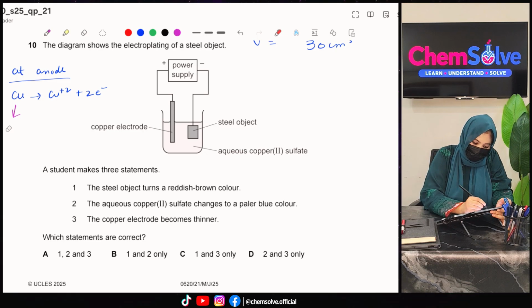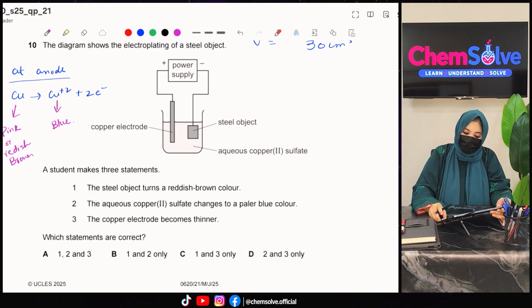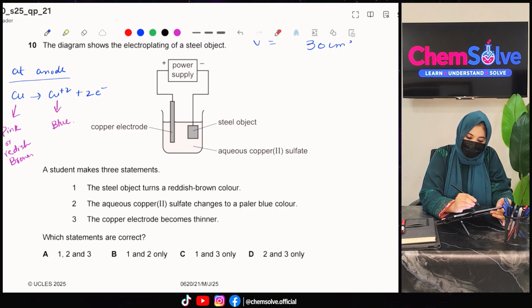Copper metal is pink or reddish brown, and copper ions are blue in color. Okay, so what will happen at cathode?